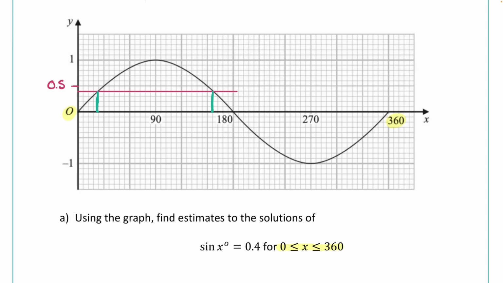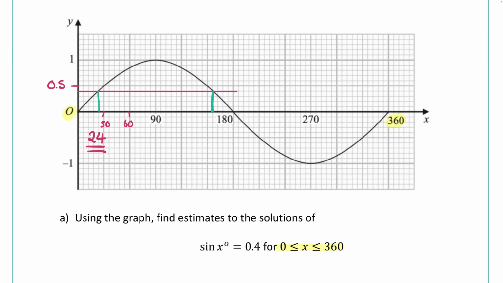I just want to read each square carefully. Each one here goes up in 30s, so that's 30 and 60. There are 5 squares between each one, so each square goes up by 6. So I want to read that super carefully, make sure that these lines are drawn nice and neat, so you can read that. That is 6 below the 30 there, so that is 24.